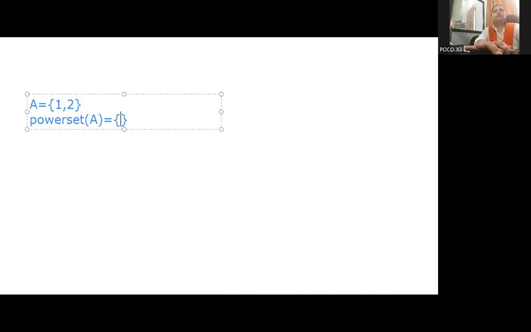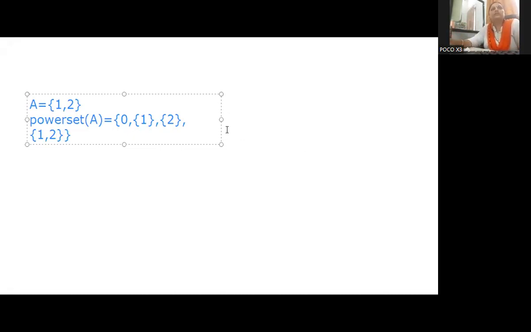The power set will contain the null set, here suppose I am taking 0 for the null set, then {1}, {2} and {1, 2}.